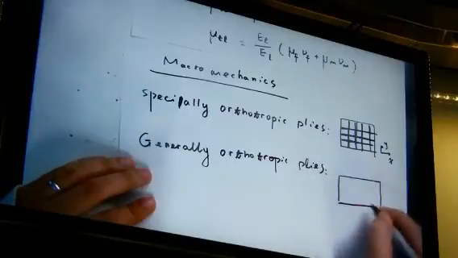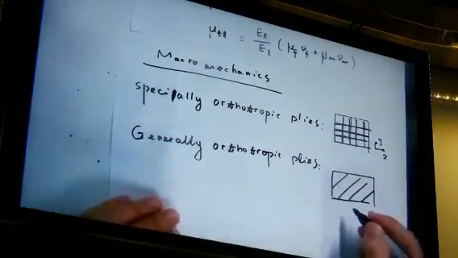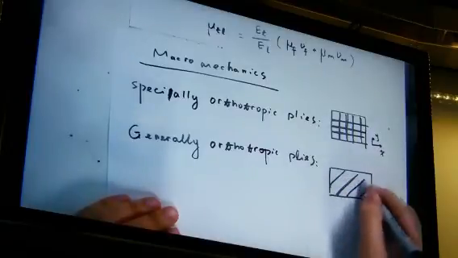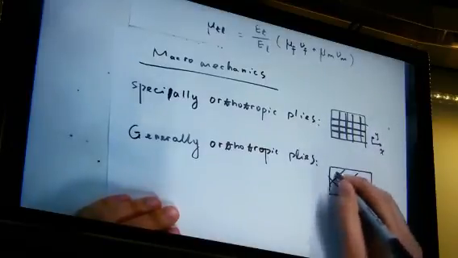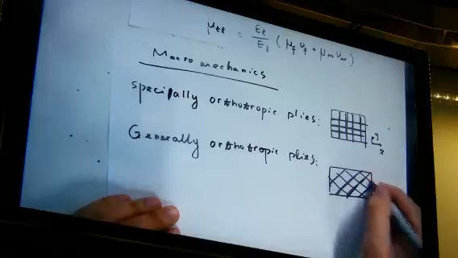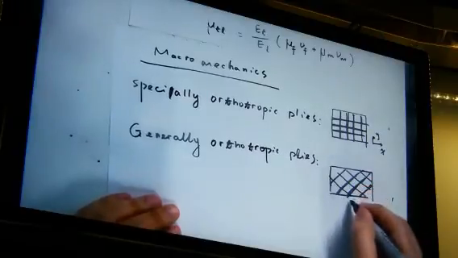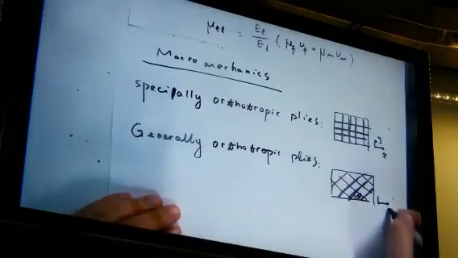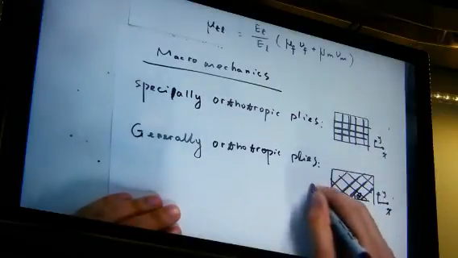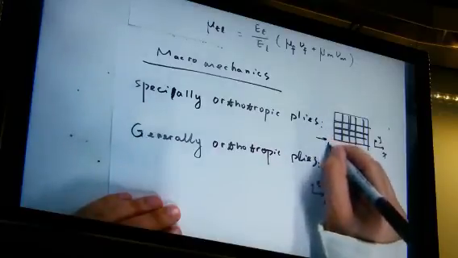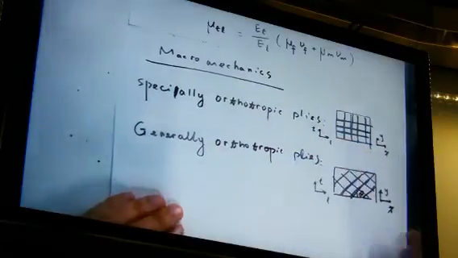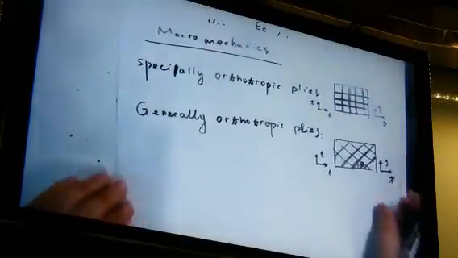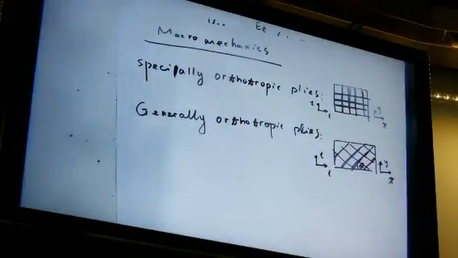In these composites, the filament is inclined along x and y direction. So you put your filament like this way. You have a theta angle here. If this is x, this is y. This is L, this is T. In specially isotropic plies, L and T are along x and y direction.